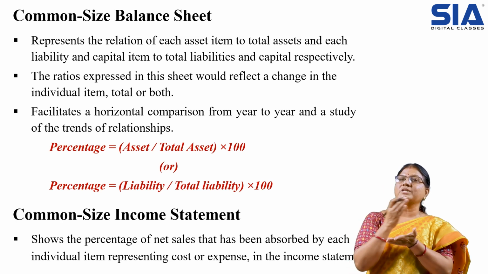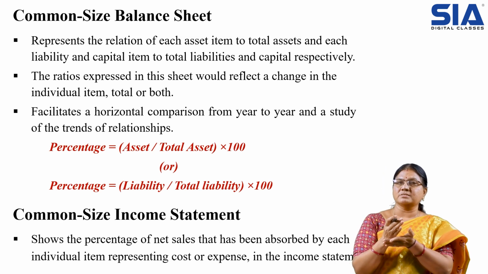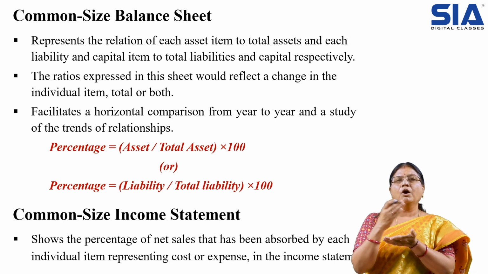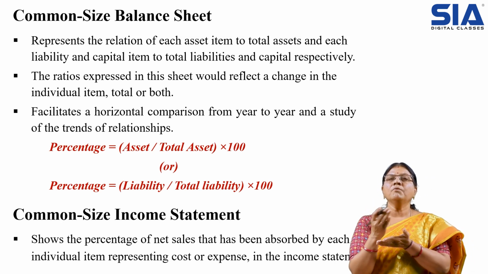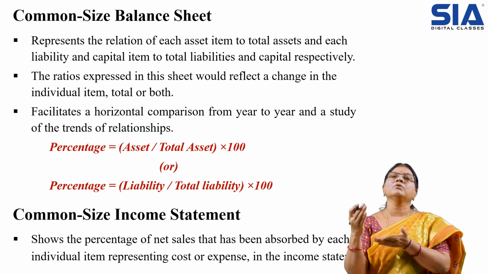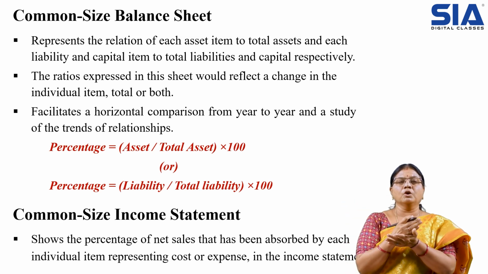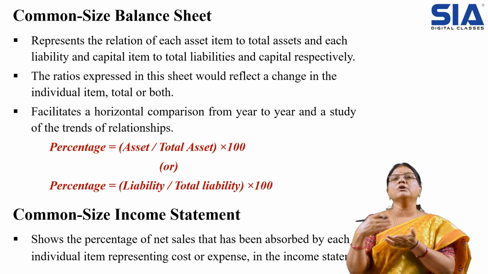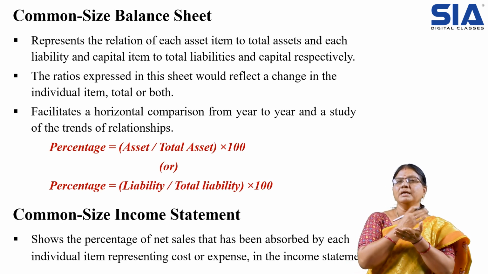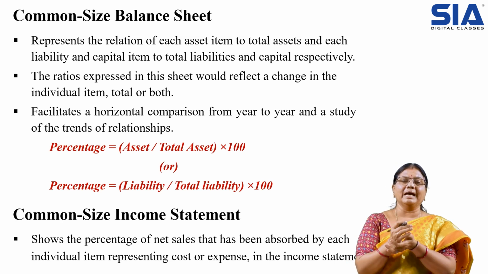From last year to this year, we can see the performance, whether there is a decrease or an increase, and so whether growth has taken place. We convert all the figures into percentages, taking total assets or total liabilities as the base.